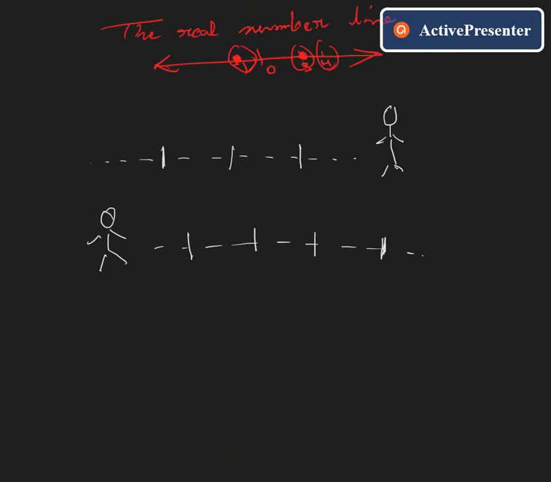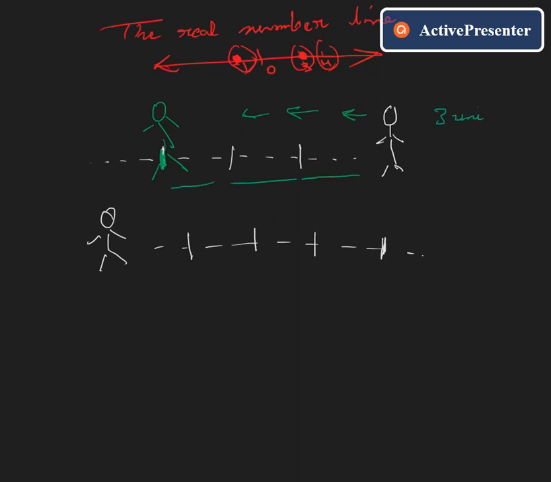Now, if this person walks this way, and he stops here, how many units did he walk? You will say that he walked 1, 2, 3 units.